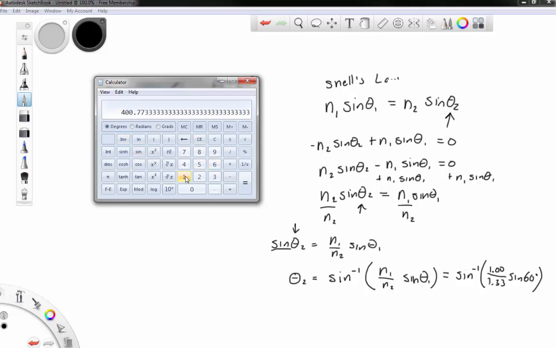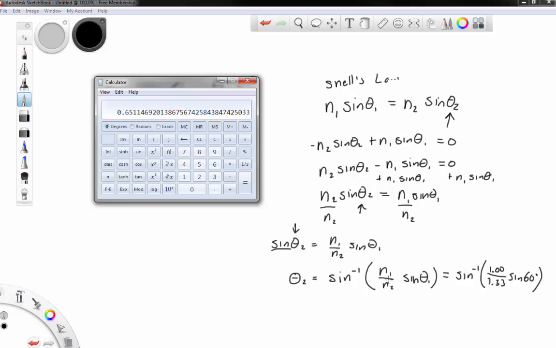So we go 1 times, and in order to get the sine of 60, I have to enter the 60 first and then push sine. So you can see up here I've got 1 times sine of 60. This d is just telling me that I'm in degrees. Okay, and now I have to divide that number by 1.33.